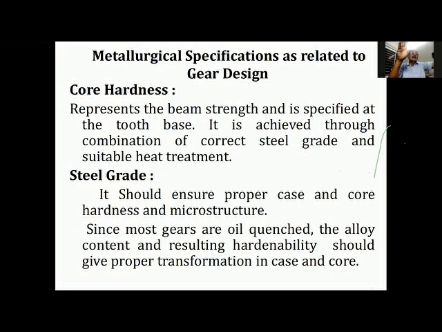In other places, although it is specified as core hardness, as we know that hardness and UTS are closely interlinked, those will specifically represent the UTS which can be achieved with that core hardness.